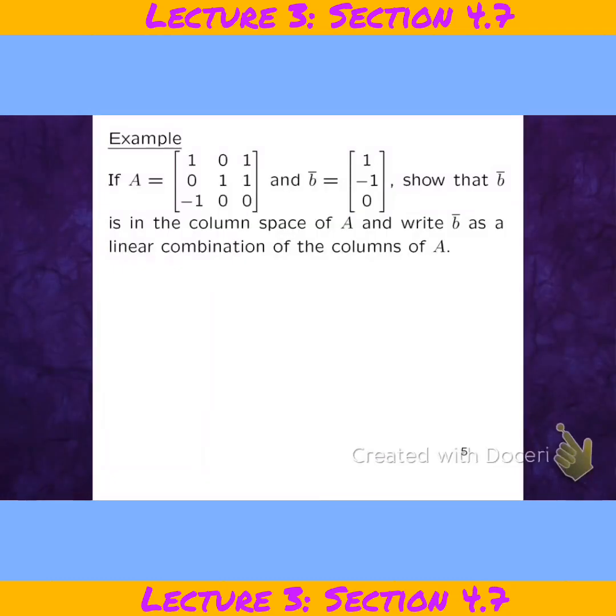Right, so the next example: here they ask us to show that, given A and the vector b, b is in the column space of A, and to write b as a linear combination of the columns of A. So all they're actually asking us is to look at the solution of the system Ax equals b.